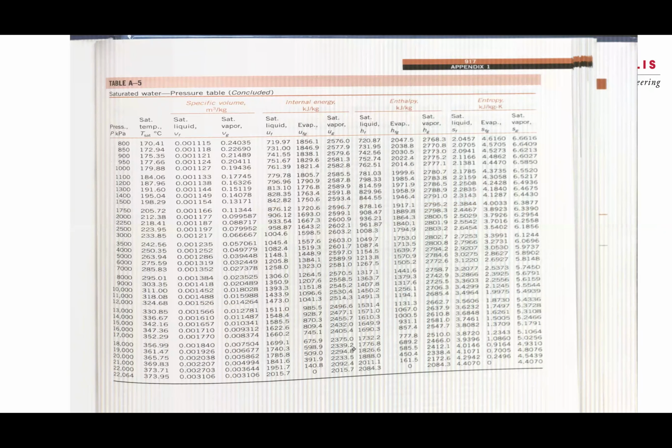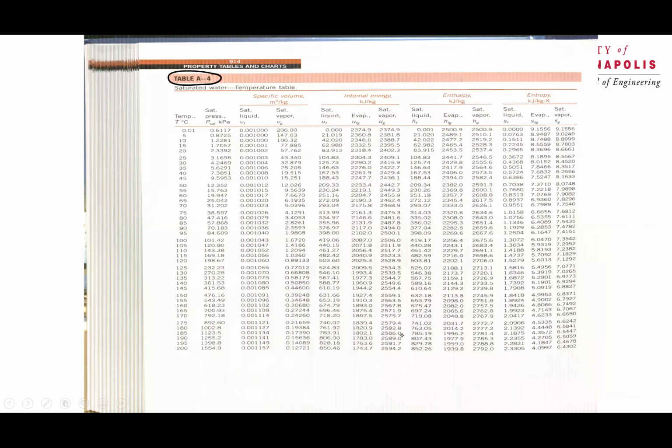Now what we're going to look at is the temperature table, because we have temperature given and it's 50 degrees Celsius. So this is the line that corresponds to 50 degrees Celsius.